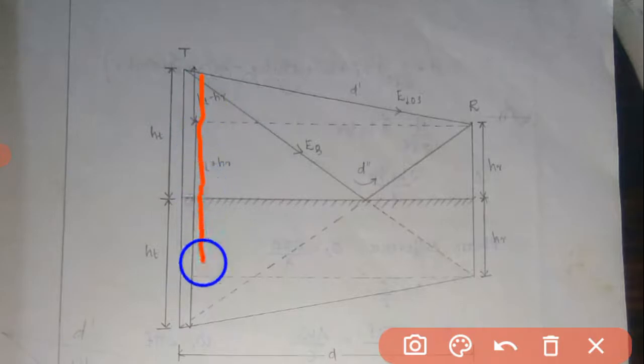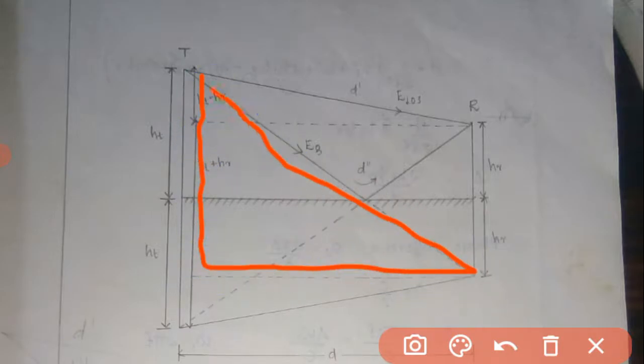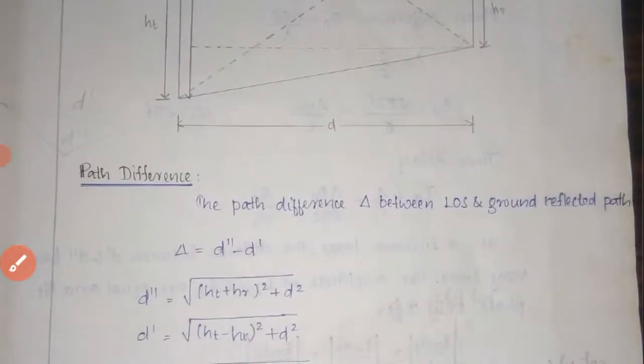When we consider this triangle, D double dash is the square root of this square plus this square. We can write it as D double dash equals root of (HT plus HR) the whole square plus D square. That is the D double dash distance.